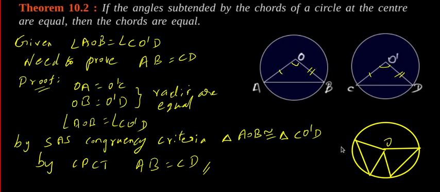So here, in AOB and COD, the angles subtended at the center are given equal, and all the radii are equal, so by SAS congruency both of the triangles are congruent. By CPCT we can say AB equal to CD.